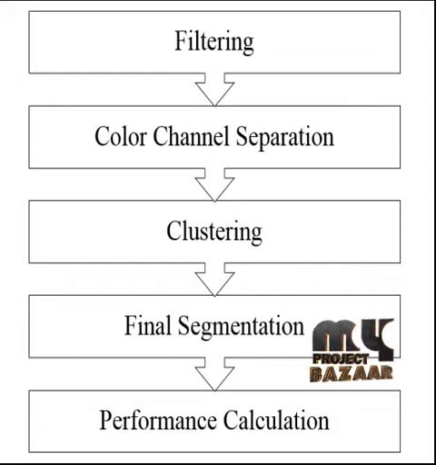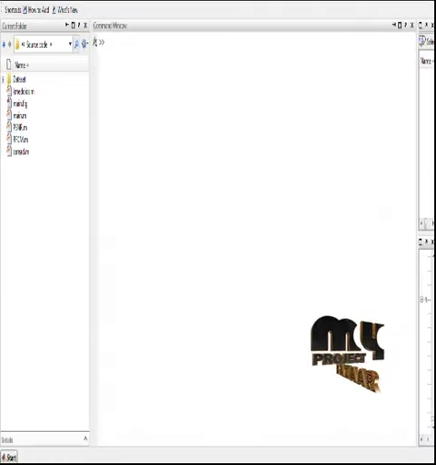This superimposition of the corresponding color channels increases the particular ranges of intensities in the images, which shows the different intensity regions more clearly. After the segmentation, the final performance of the process is measured by calculating PSNR and MSE values. Let me show the running procedure of the process.